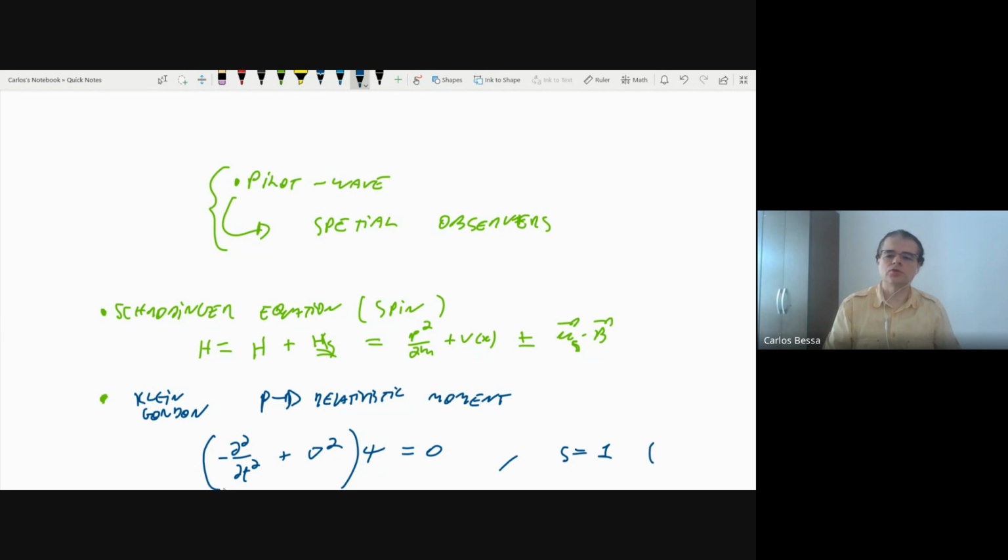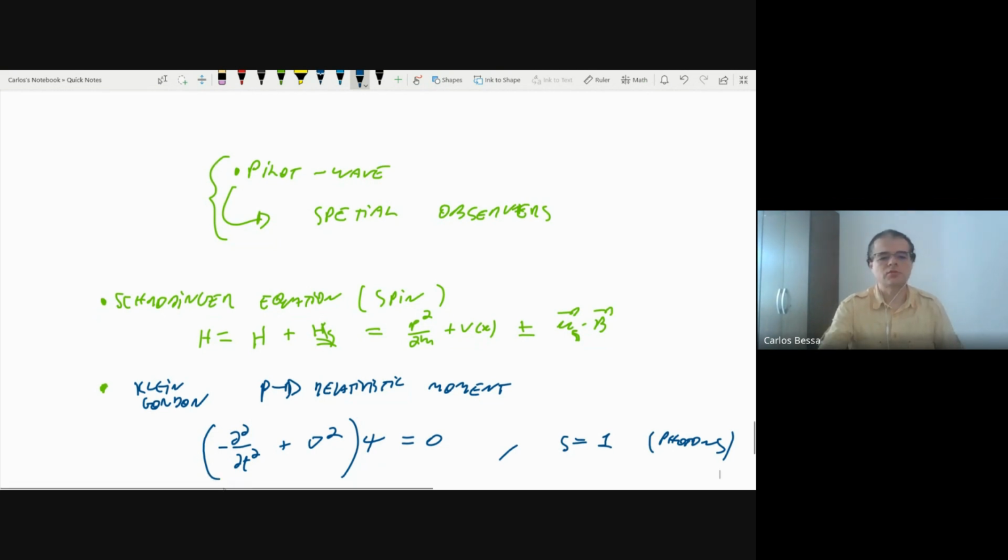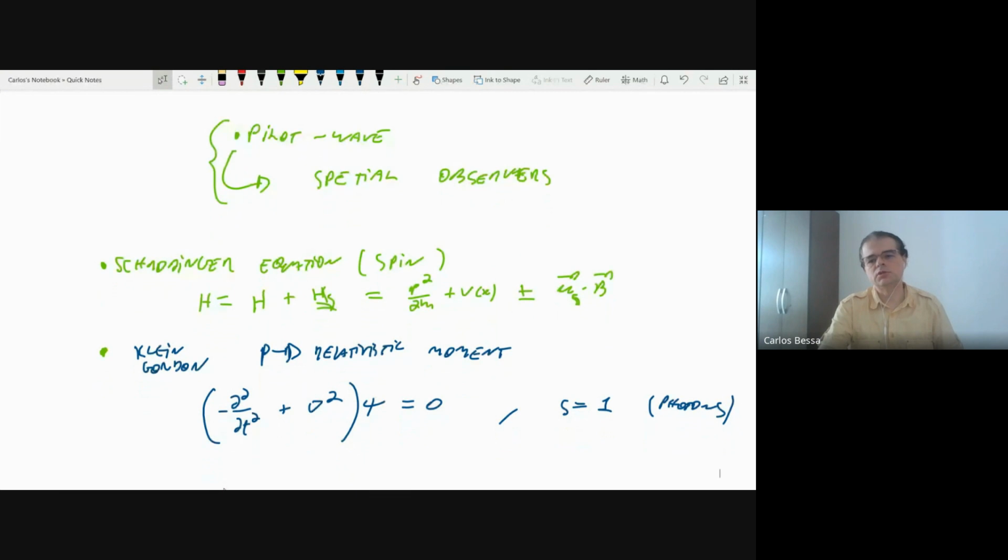It's the case of photons, for instance, or some types of atoms, because it depends on the combination of the number of spins of the atoms. The electron has spin 1.5. If you have one atom with 2 electrons, for instance, the total spin will be 1.5 plus 1.5, that is integral. So it works only for what we call bosons, particles with integer spin.